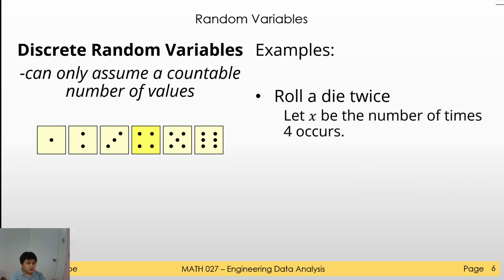Let's say we want to represent our random variable as x, which is the number of times a four will occur.